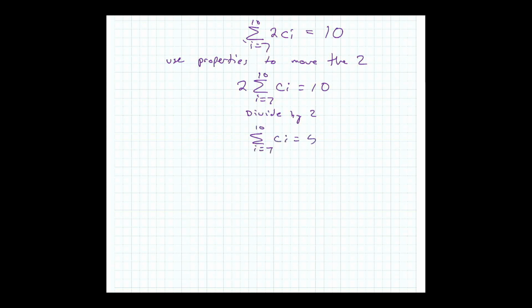And 10 over 2 is going to be 5. And that's going to be the answer. That's what we're asked to look for. Now, is that quite a bit of work? Yeah, that's quite a bit of work. But that's how they are sometimes.